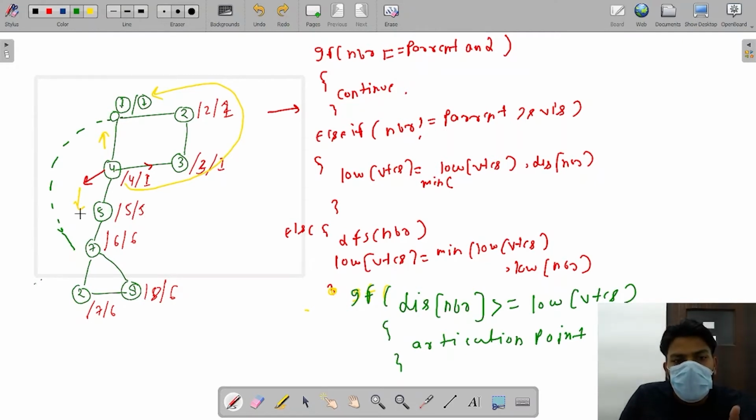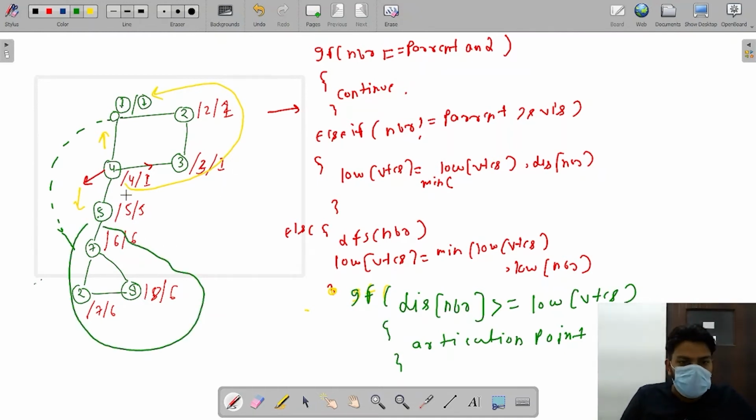It means it cannot go backward. The limit of this 5 is not backward. If we ignore this path, then 5 is not connected with any other path.